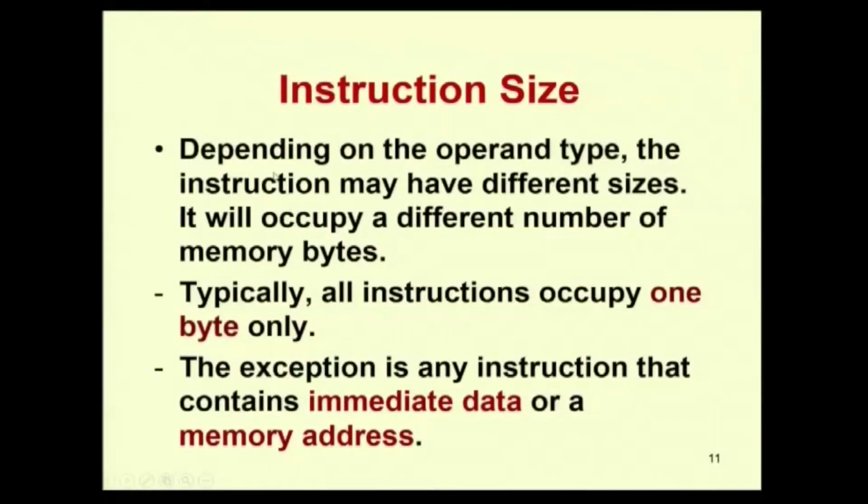So, depending upon the type of instruction, it can be a single byte instruction, or if you are mentioning data immediately, then the instruction can be a 2 byte instruction, or when you are mentioning an address operand plus 2 bytes of address, the instruction can be a 3 byte instruction. So, in the 8085 we have single byte, 2 byte and 3 byte instructions.